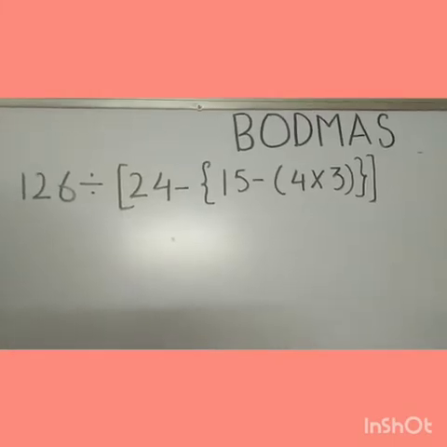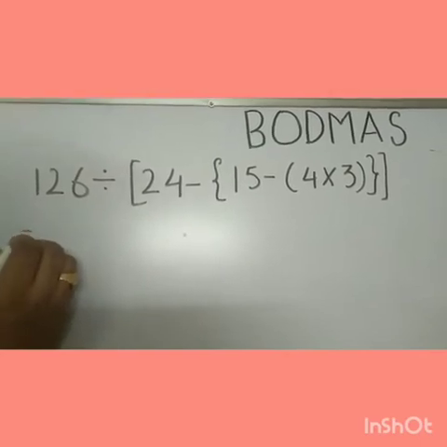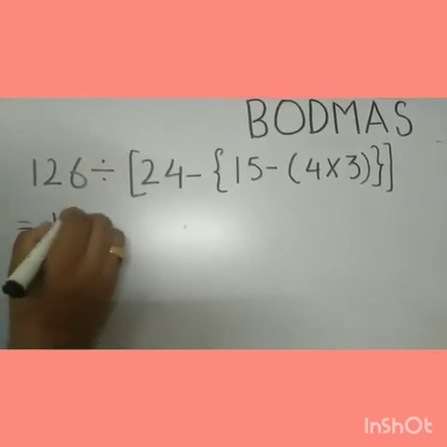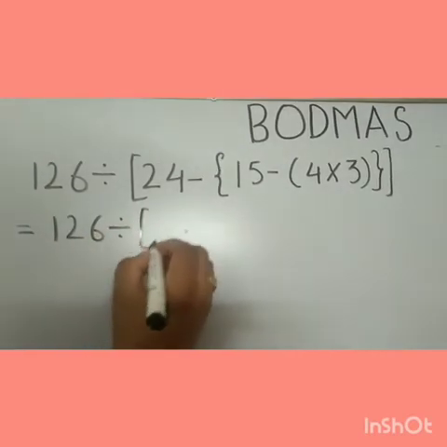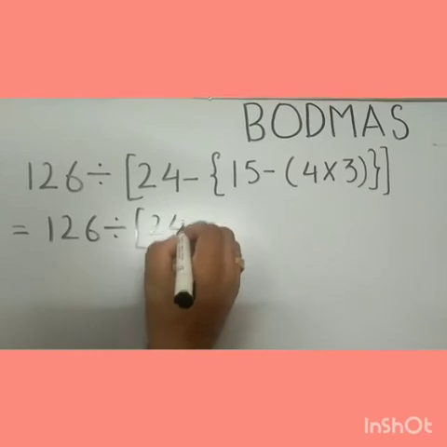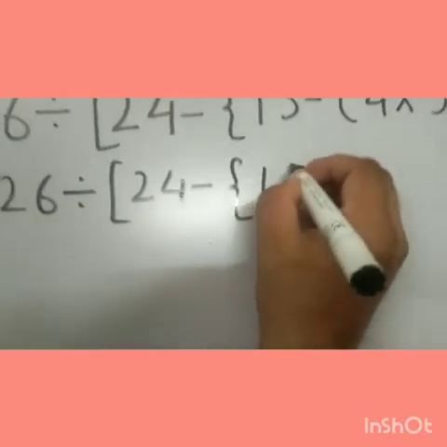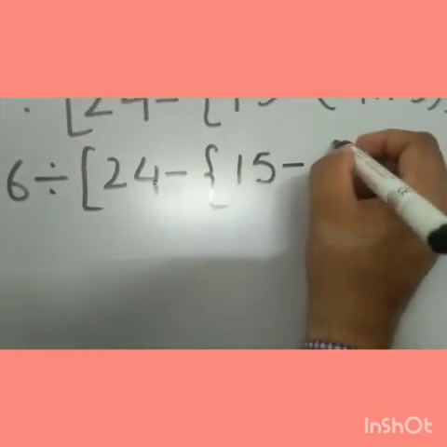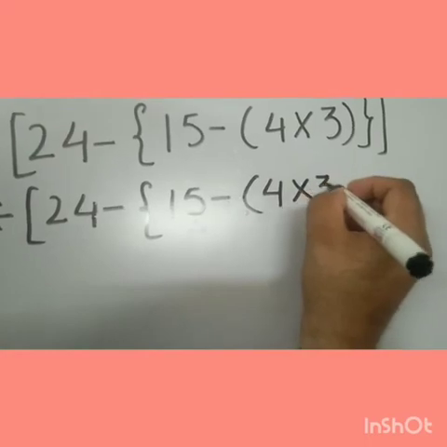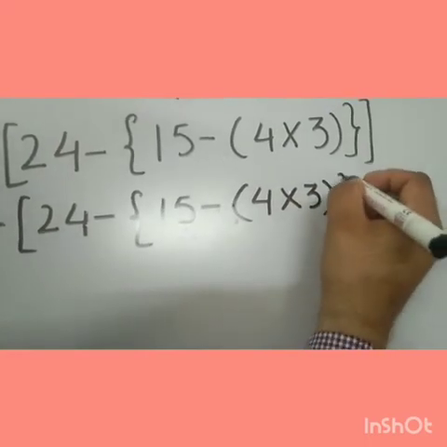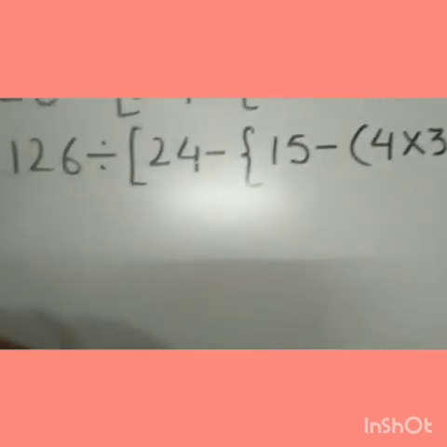Let's solve one more question with all brackets. Write the statement again. 126 divided by big bracket 24 minus curly bracket 15 minus round bracket 4 multiplied by 3, round bracket closed, curly bracket closed, big bracket closed.